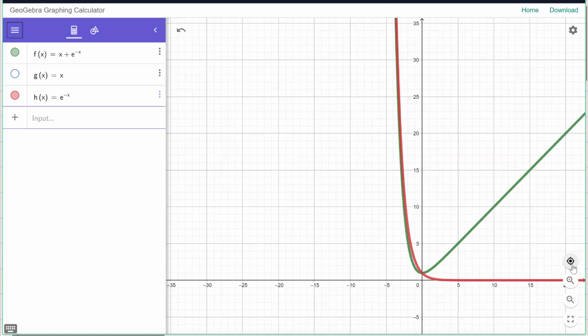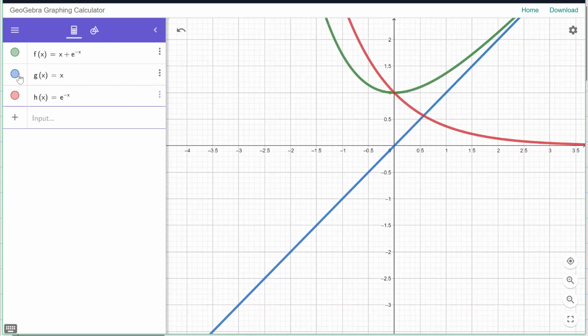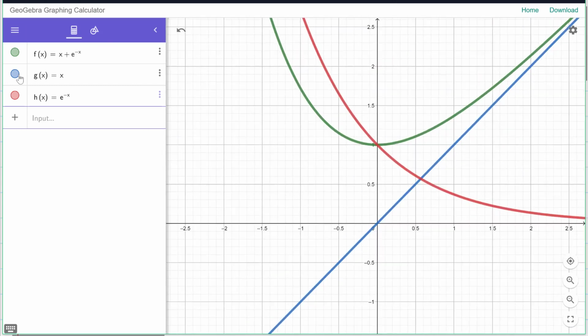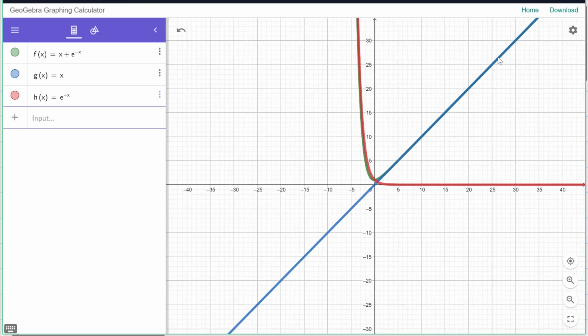If I zoom in to the middle, you see that around 0, these graphs look nothing alike. However, as I zoom out, you see the right end behavior model is y equals x, and the left end behavior model is e to the negative x.